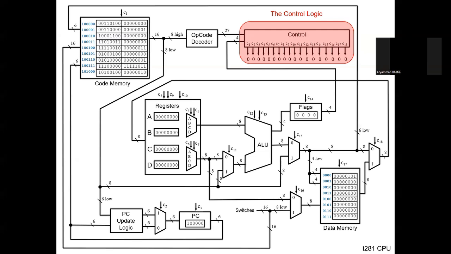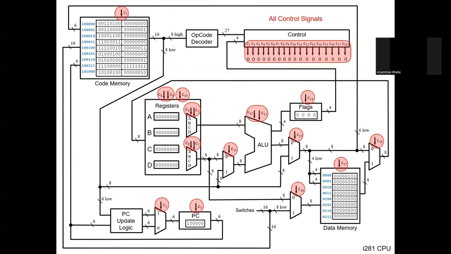The main idea of a CPU is that on the same hardware, you can execute many instructions, and you can abstract these instructions to do more complicated procedures, right? So that's the basic idea of the control block. These are all the different control lines and where they go in.